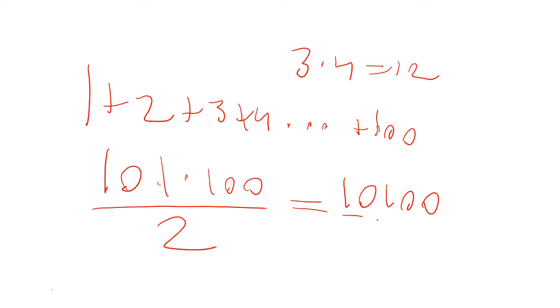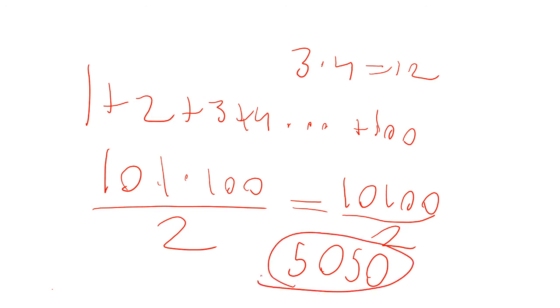If I divide that by 2, that's going to be 5,050. So our answer is 5050. The sum of the first 100 consecutive positive integers is 5050.